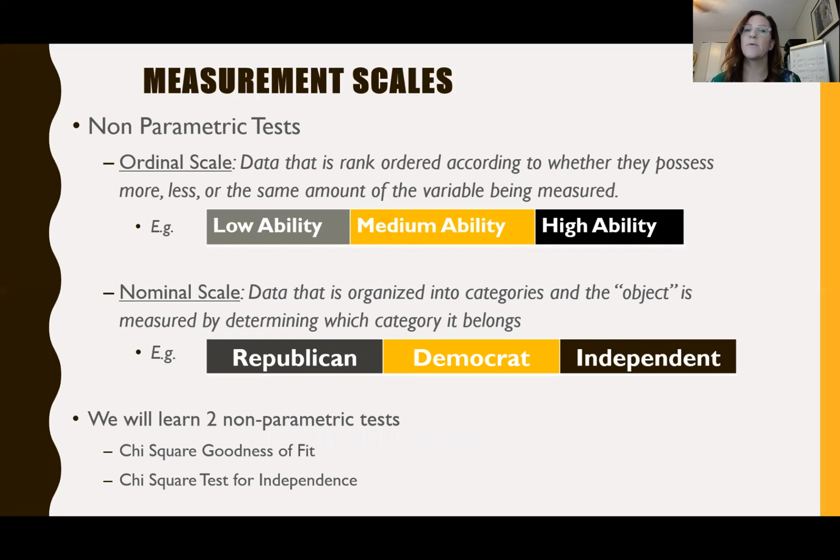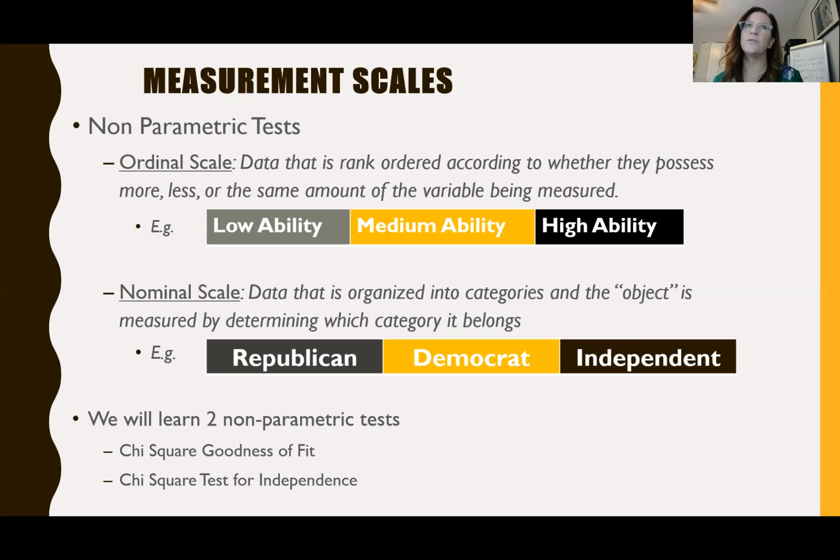All it is is a frequency of occurrences. And then same with nominal scale. It's the same thing as if I was asking you what your political affiliation was and just check marking how many people I have in each of those categories. So it's just categories and then frequencies of occurrences within those categories.